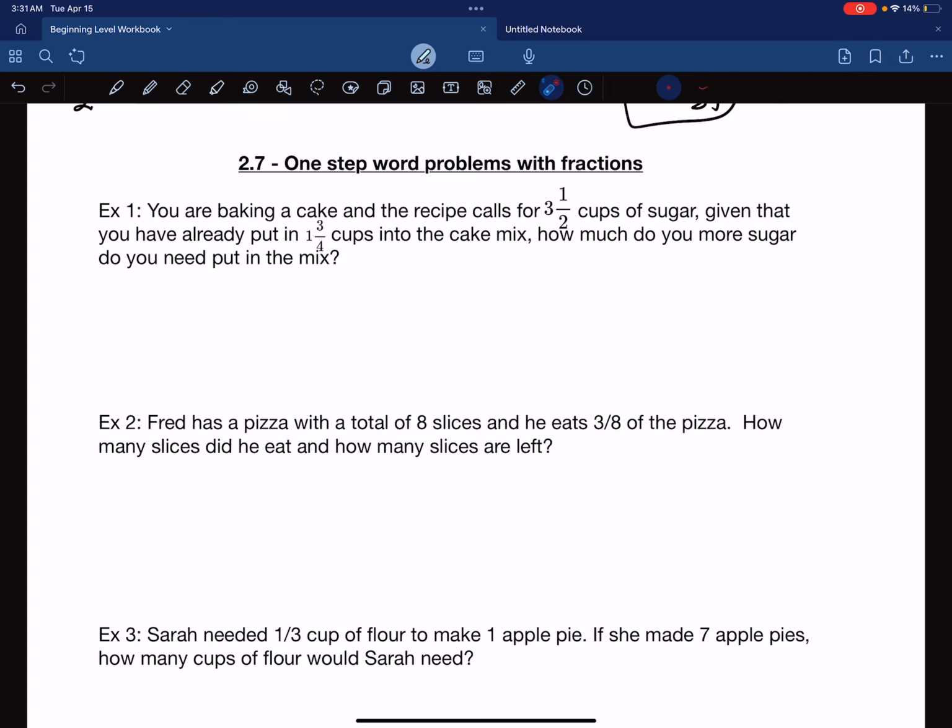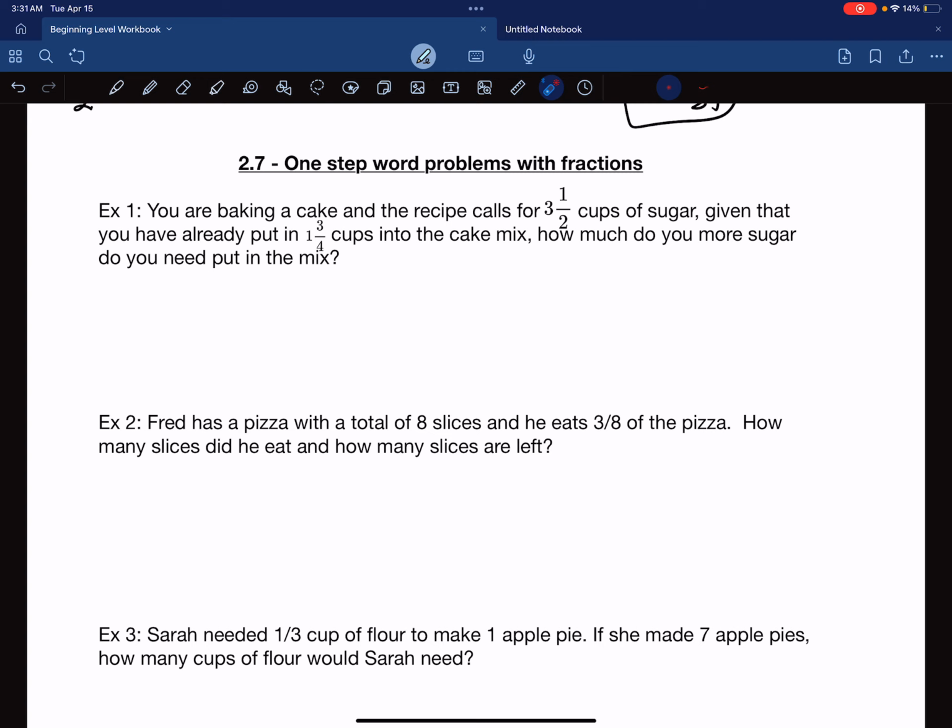It says, you are baking a cake, and the recipe calls for 3 1/2 cups of sugar. Given that you have already put in 1 3/4 cups into the cake mix, how much more sugar do you need to put in the mix?